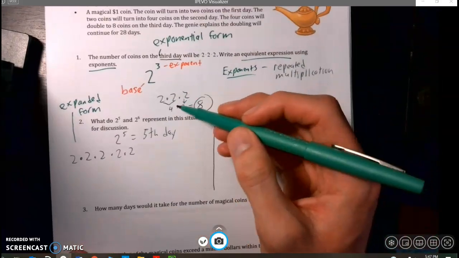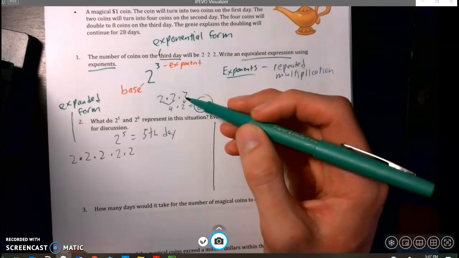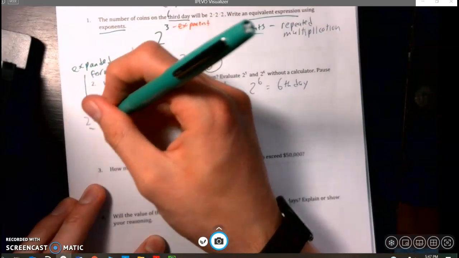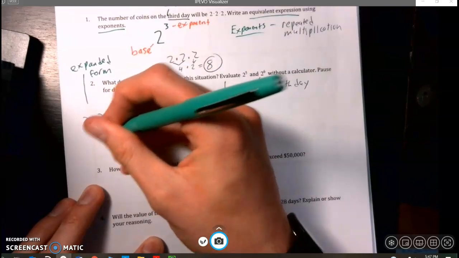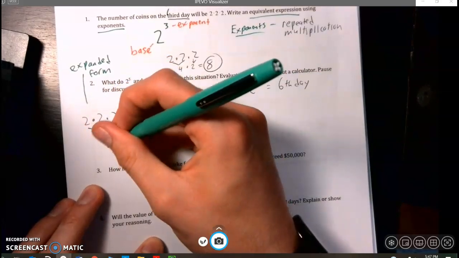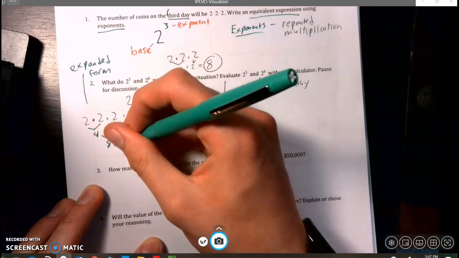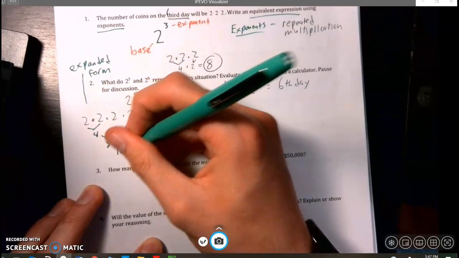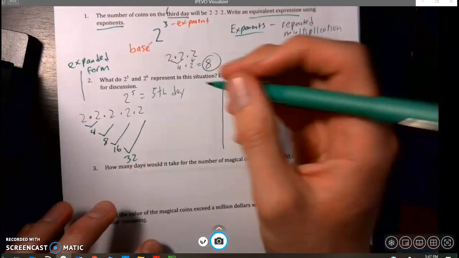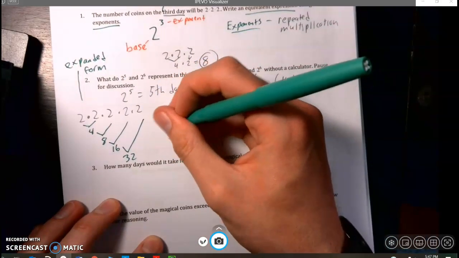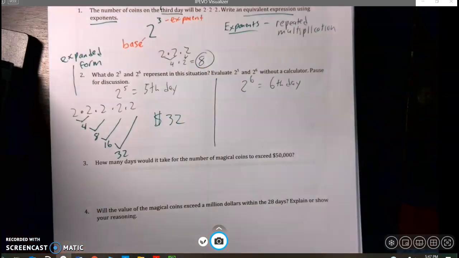And so we can do this same kind of work that we did up here. So 2 times 2 is 4. And now I've got to bring down the next 2 times 2 more is 8. Bring down the next 2 would be 16. And then multiply that by our final 2 and 32. So on the fifth day, we would have $32.